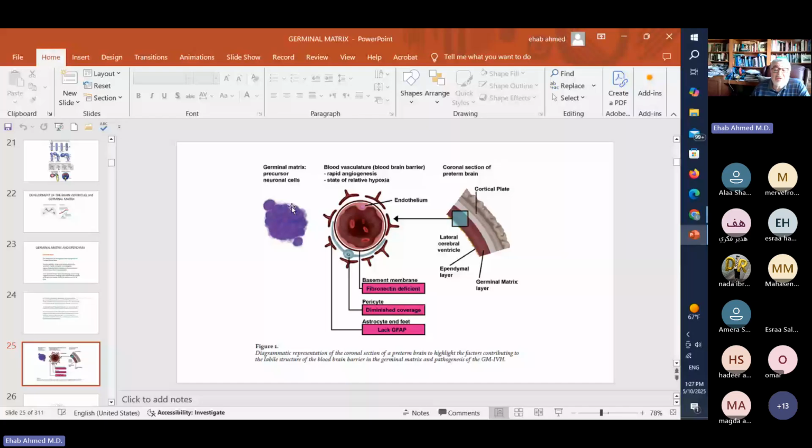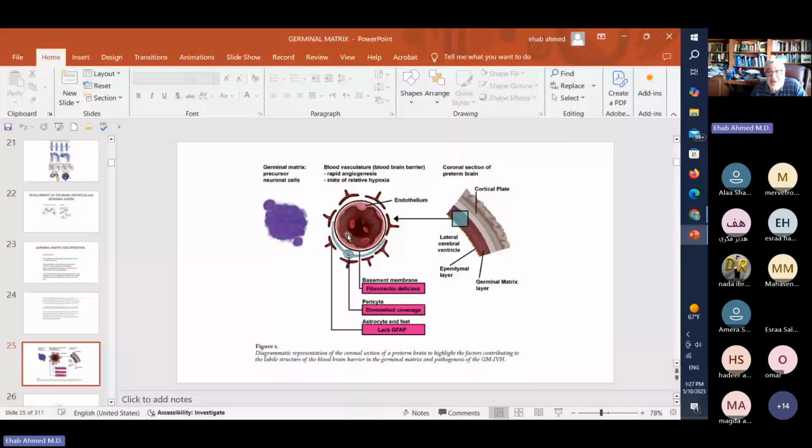And in the germinal matrix, if we do a cross section of the vessels, they look like capillaries, but they are not mature capillaries. They have a deficiency of fibronectin, a deficiency of pericytes, and tight junctions are also lacking. So it is a very fragile structure.